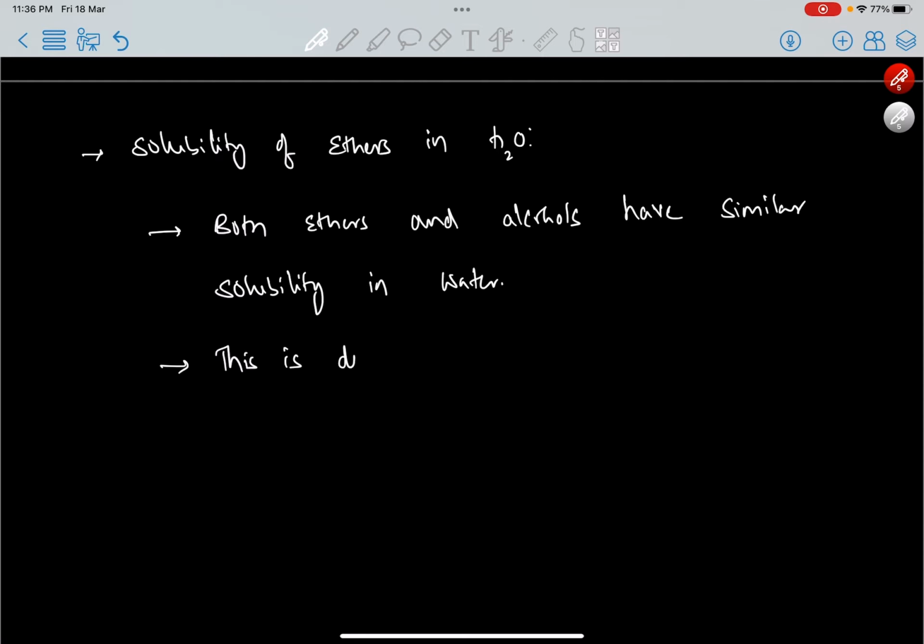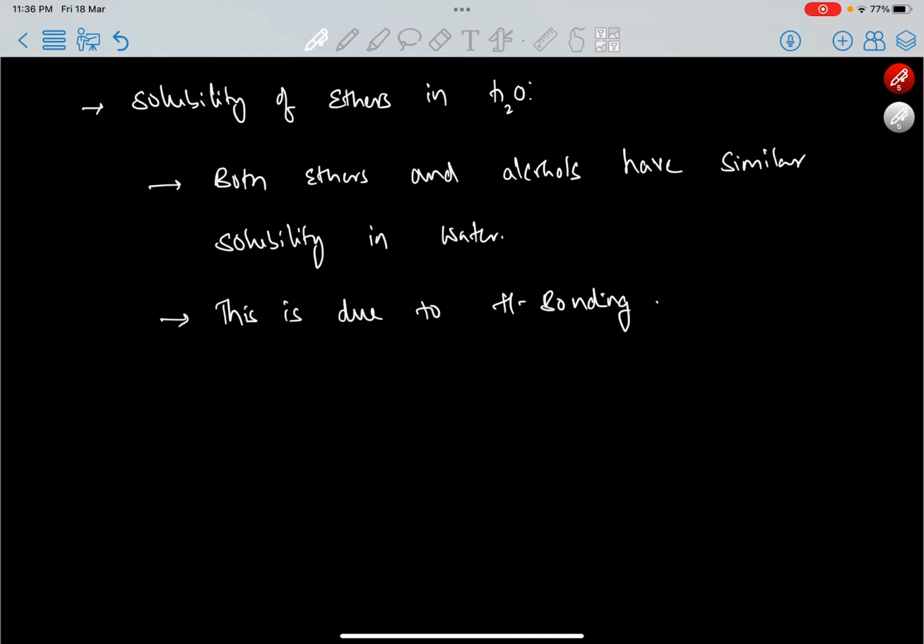This is due to hydrogen bonding. Just now I said hydrogen bonding is not possible, but how come here it is possible? Wait, let me tell. If it is ether, and it is dissolved in water, what is the formula of water? H2O.